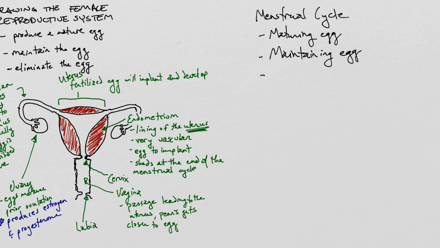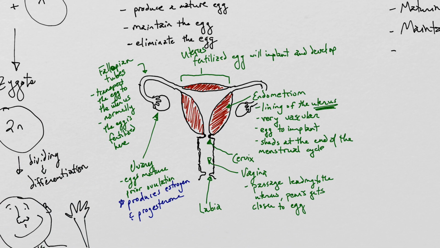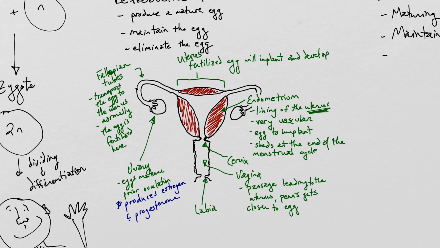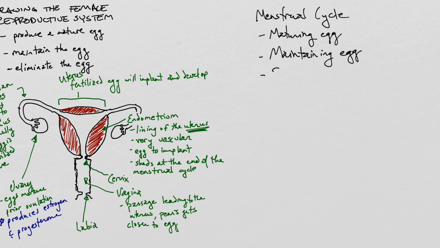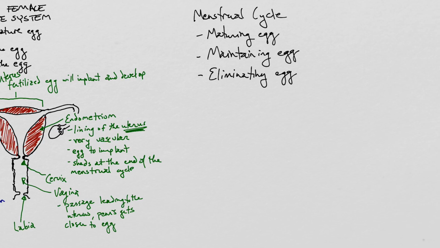And then, if there is no fertilization, what word did I use earlier? Aha, yes, eliminating the egg. And this cycle happens by 4 hormones interacting with one another.